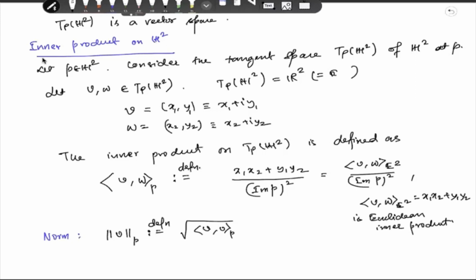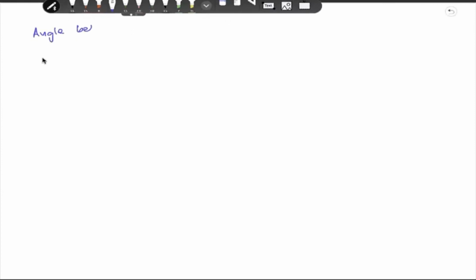This inner product is different from the Euclidean inner product because I have scaled the Euclidean inner product by the square of the imaginary part of this point P. So now, what do you mean by the angle between V and W?